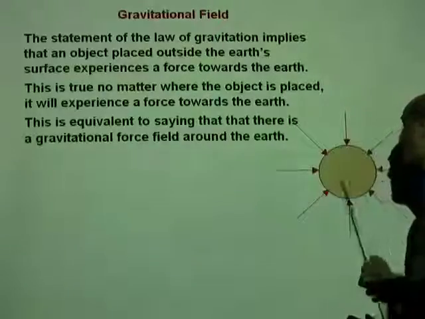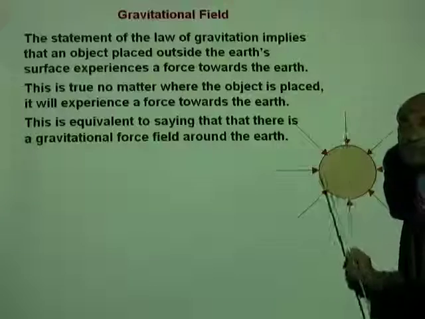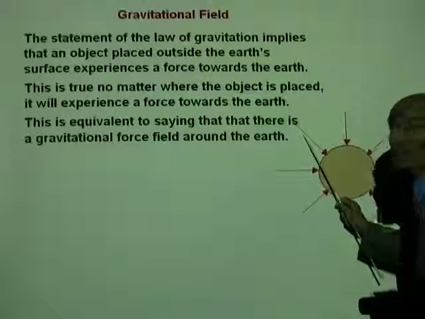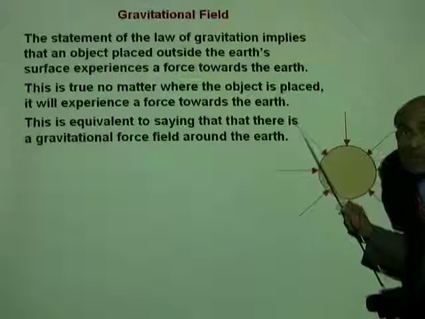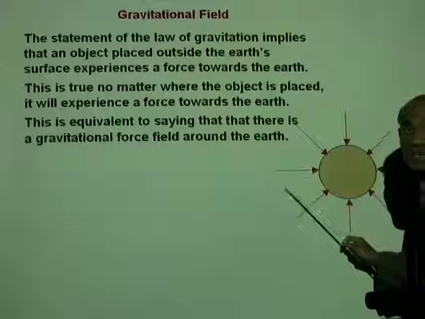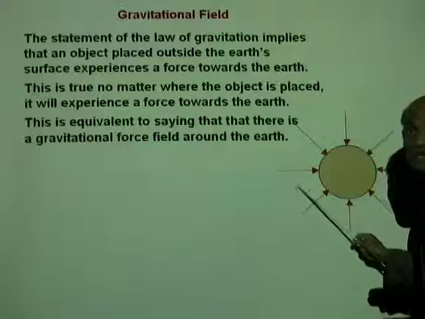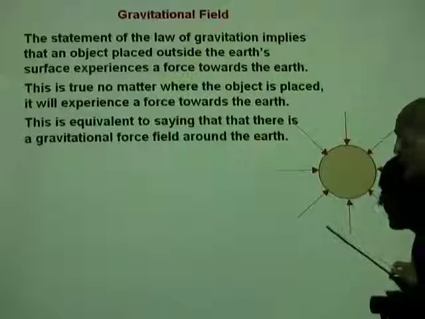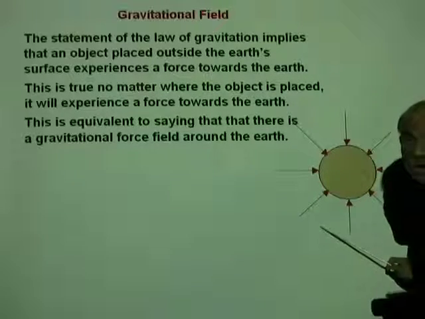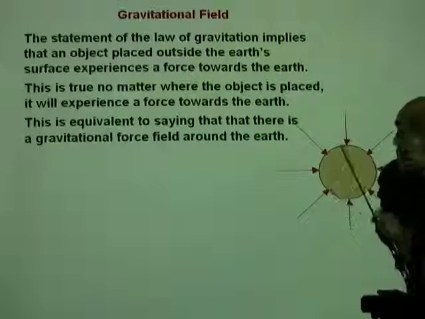Now, here is the Earth. I have used arrows to represent this. If I keep an object here, it will fall towards the Earth. If I keep an object over here, it will fall towards the Earth.